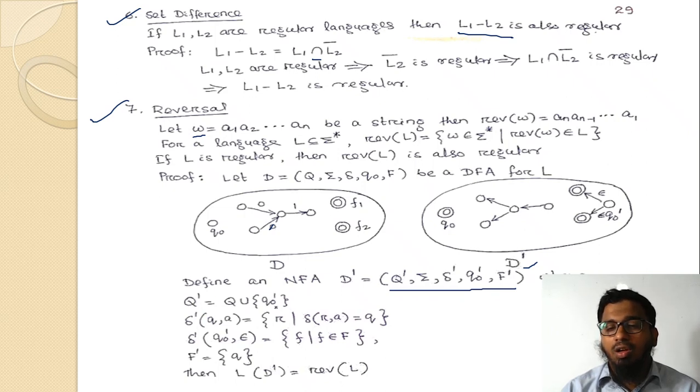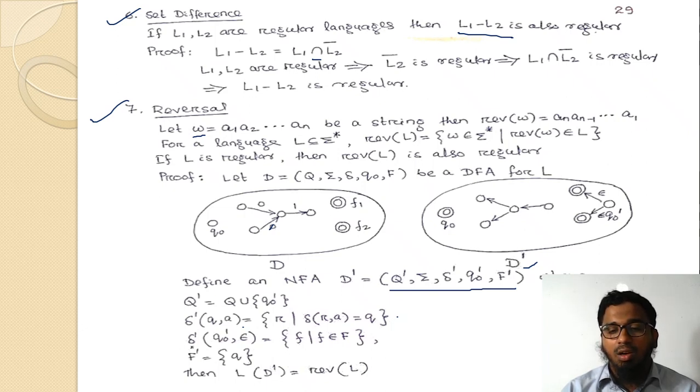It is Q union q0 dash, so whatever the Q is, we union with the dash state. Delta dash of q comma a is the set of r such that delta of r comma a is equal to q. Whenever we have q comma a, meaning q on a, where it can go, it can go to r, where r on a is equal to q.